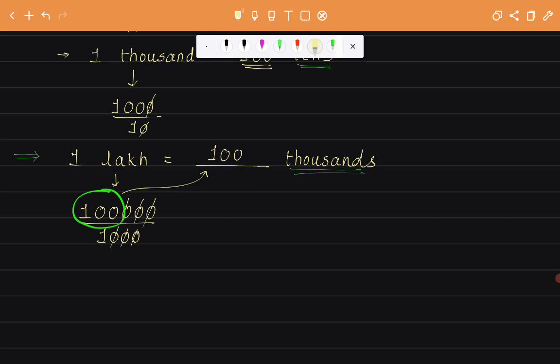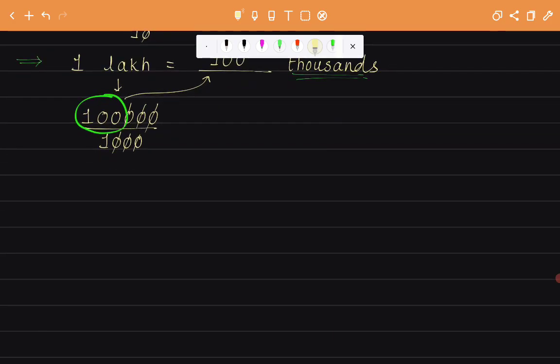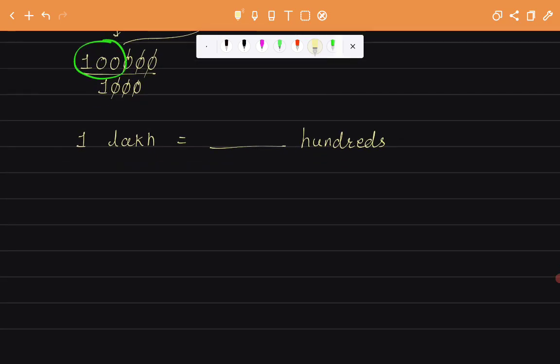Now, in the same question, they have given hundreds also. So let's look at that. It says that 1 lakh is equal to dash hundreds. They have given the value, but I am keeping it blank so that we understand how to solve these types of questions. Let's first write down 1 lakh.